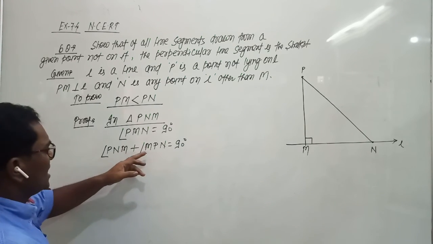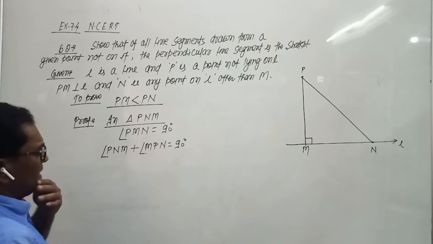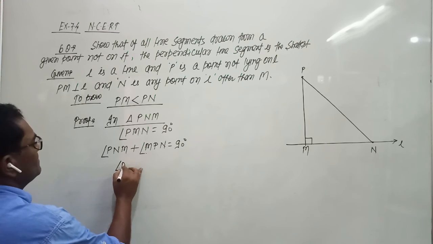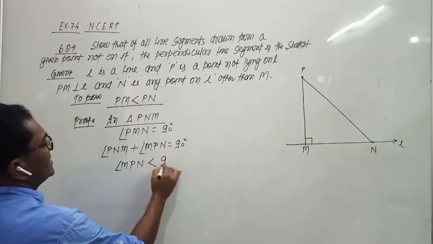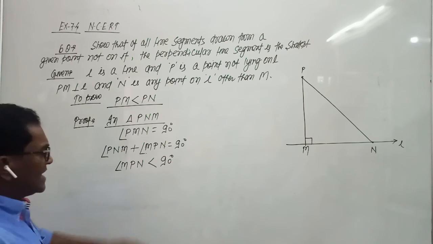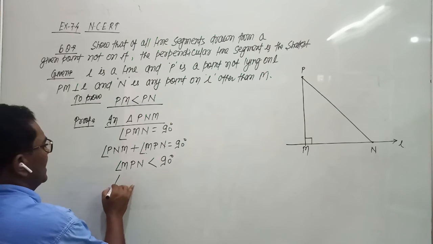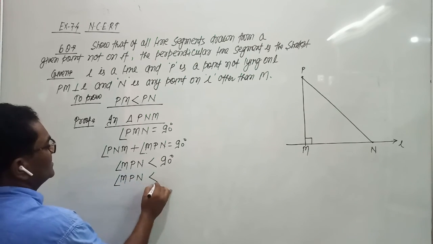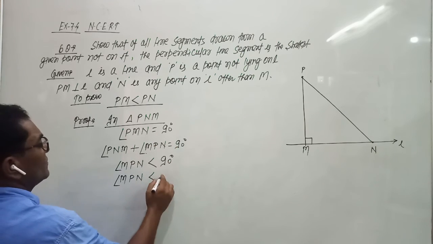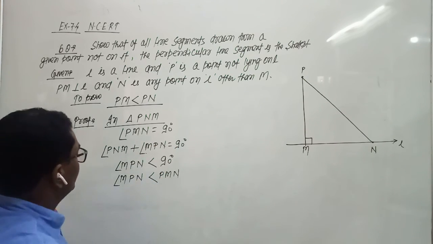It means angle MPN is less than 90 degrees, and in place of 90 degrees we can write angle PMN. So angle MPN is less than angle PMN.